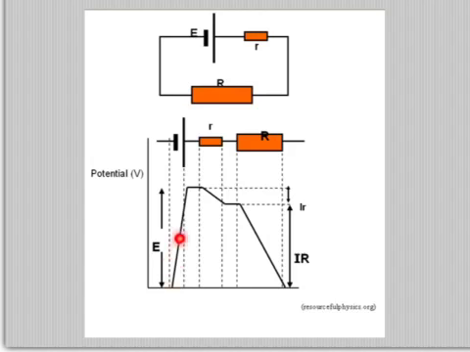As it flows through the internal resistance, some energy is used up, so the energy level drops. Then as it goes through the external resistance, the rest of the energy is used up, so the energy level is zero after going through both resistances. Then as it goes through the cell again, it picks up more energy, and so it goes on.